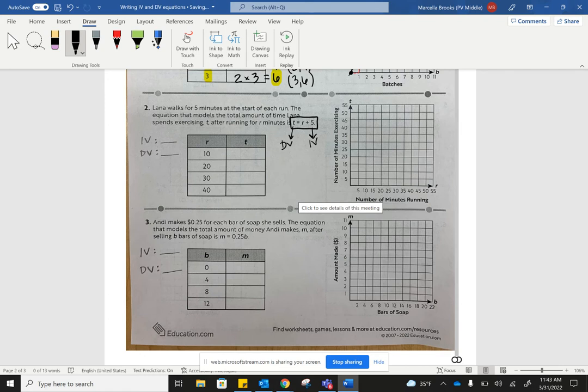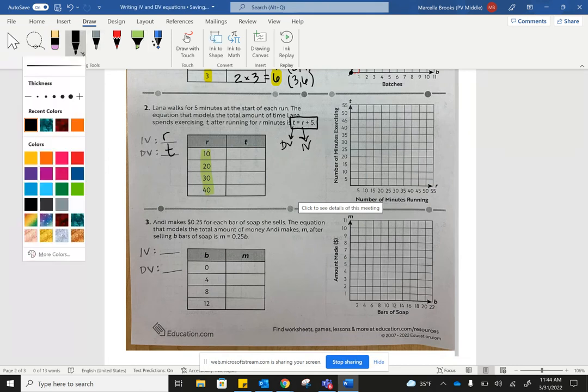So my DV is T, my IV is R. And all we're going to do is replace the R with these values.